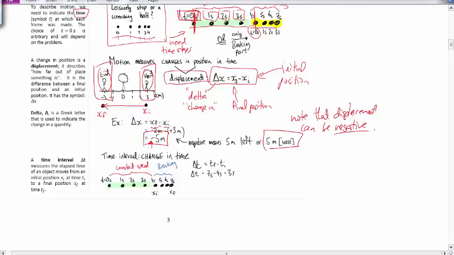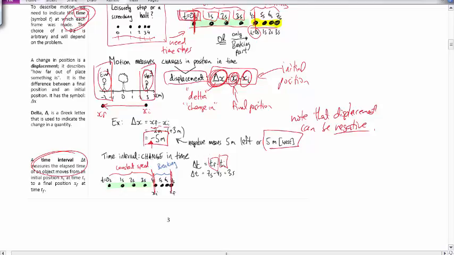It's a signed quantity. And up here we have timestamps, but we can also have a change in time, or time interval. The change in time interval between when this thing started braking would be t final minus t initial, just like in our change over here we have something final minus something initial.